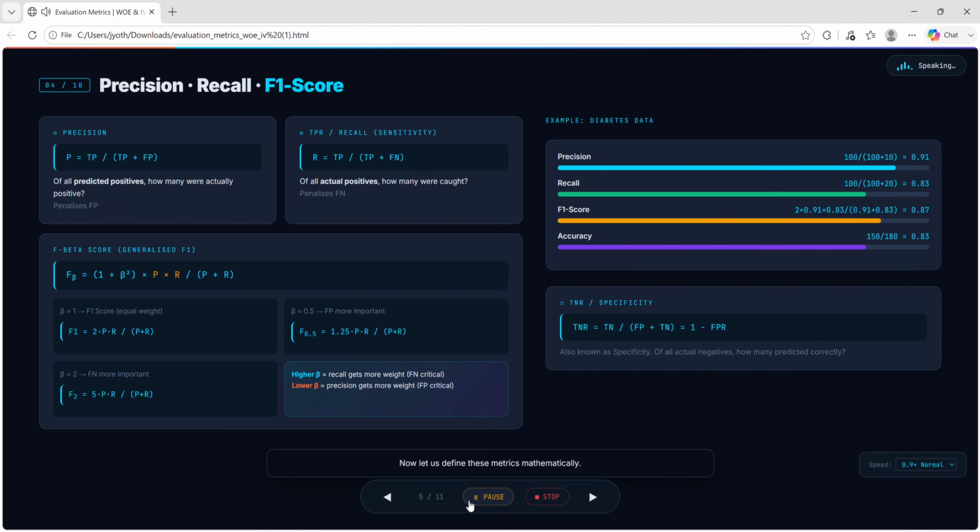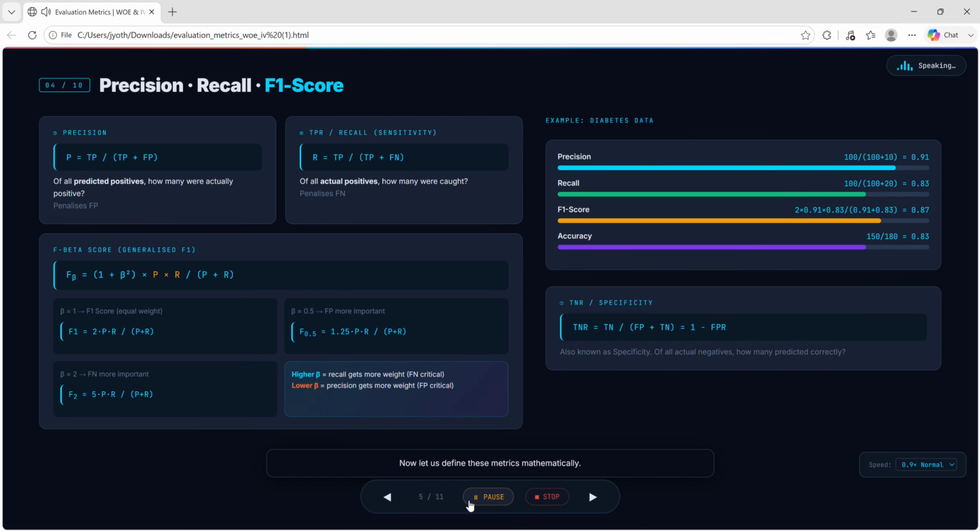The generalized F-beta score is 1 plus beta squared times P times R divided by beta squared times P plus R. When beta equals 1, we get the standard F1 score, equal weight on precision and recall. When beta equals 0.5, false positives are penalized more.